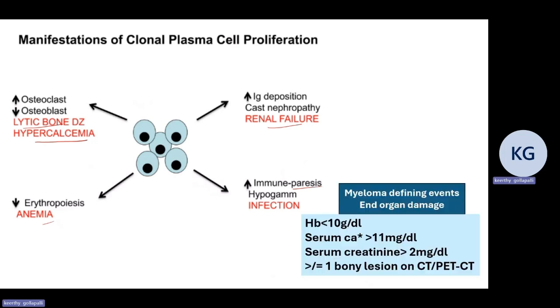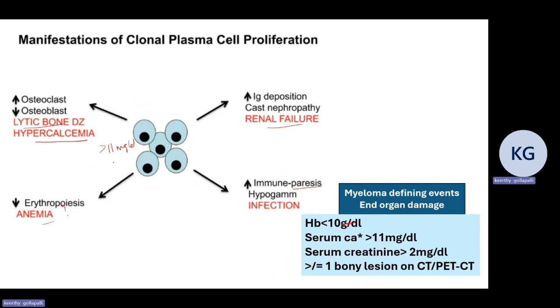As a clinician, we want some parameters to measure these things. Anemia means the hemoglobin is less than 10. It is always difficult to remember, so I need a trick like this. Remember this is 10 grams per deciliter. Then calcium is more than, after 10 you get 11 milligrams per deciliter.